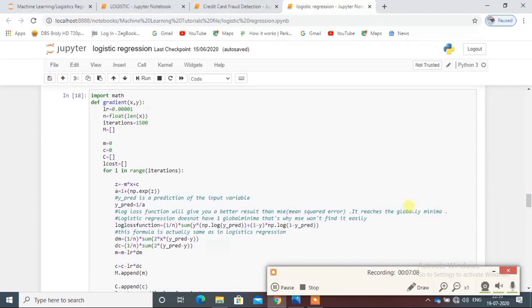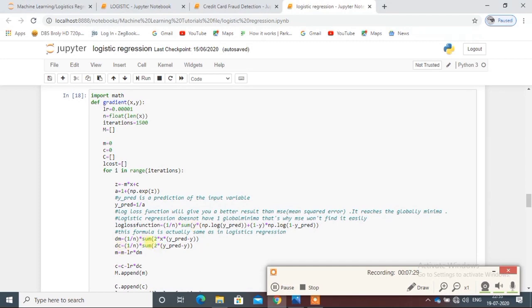We have done the same things we already did in the last videos on linear regression, using the same technique. Where is the formula for y prediction? We already know our sigmoid function. We get that probability through this y prediction formula, and we put that value in this log loss function.